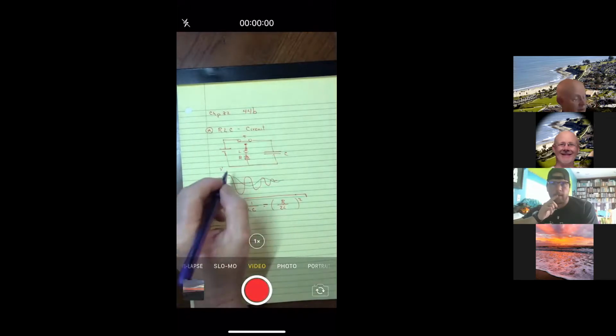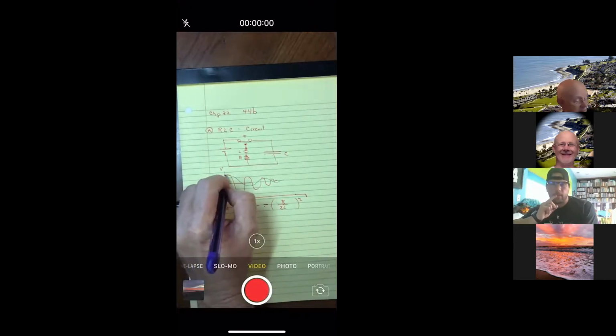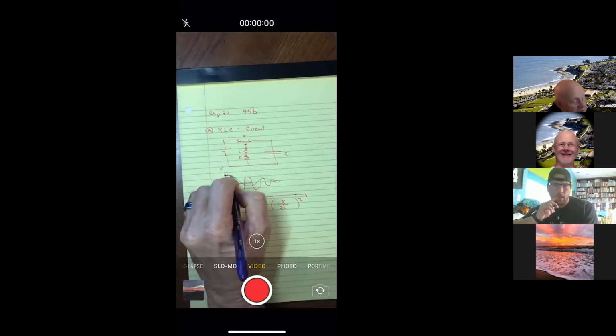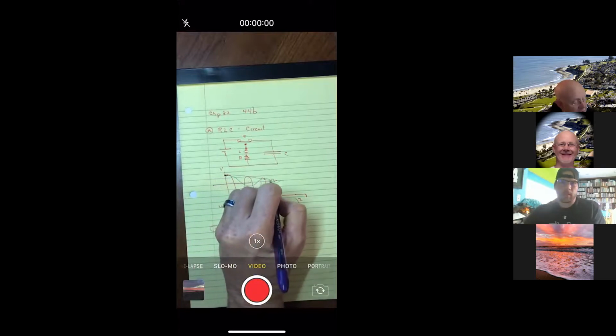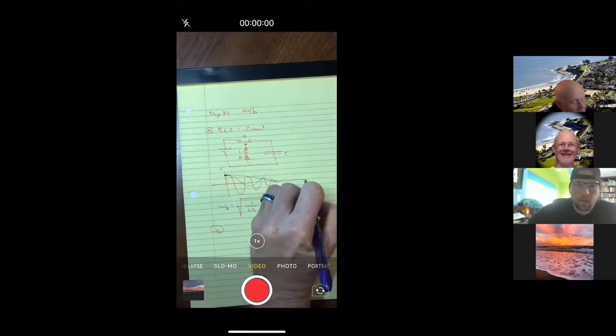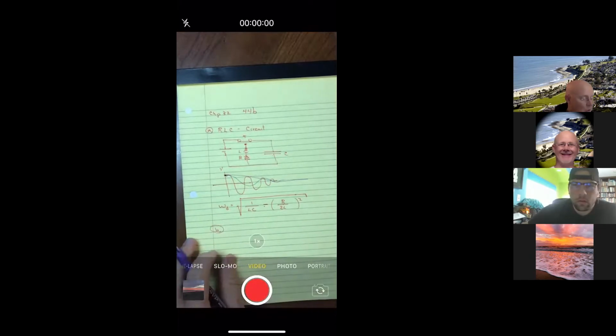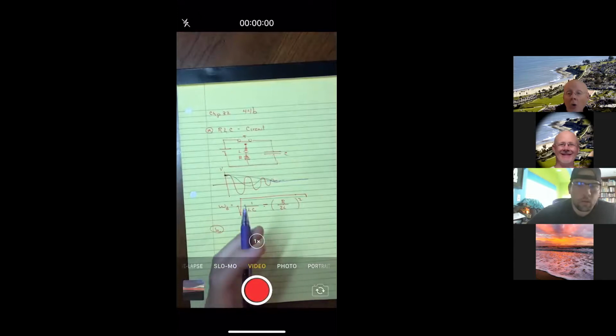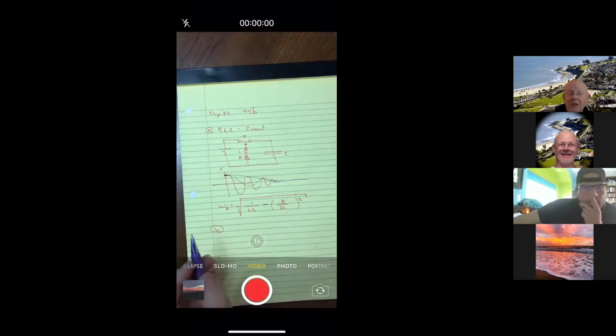Let me do another color on here. See if the purple stands out. But as this resistance keeps increasing, this frequency eventually goes to 0. There is no frequency.